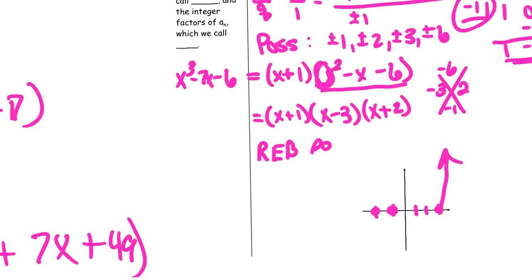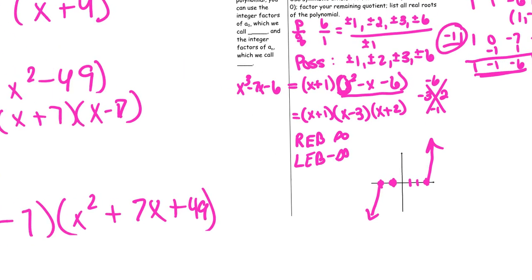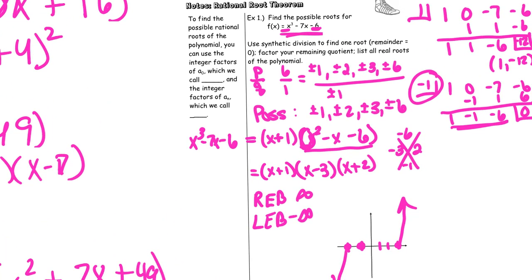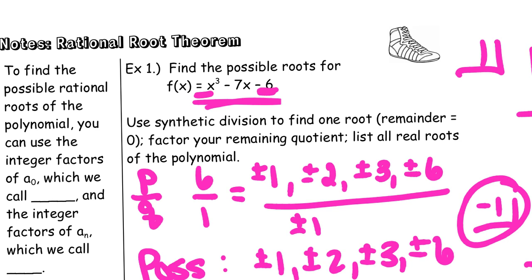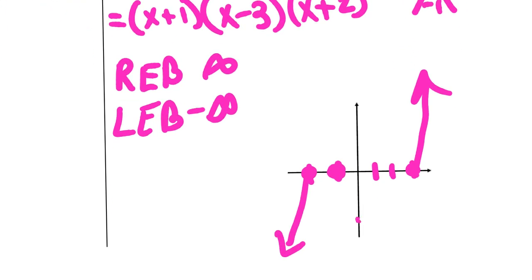The degree is 3. So what's the left-end behavior? So from here it's going to go down. And then what is our y-intercept? -6. So I go down here and I got 0, -6. So from here, this graph is going to come down and grab that, go up, and then it's going to come back down.